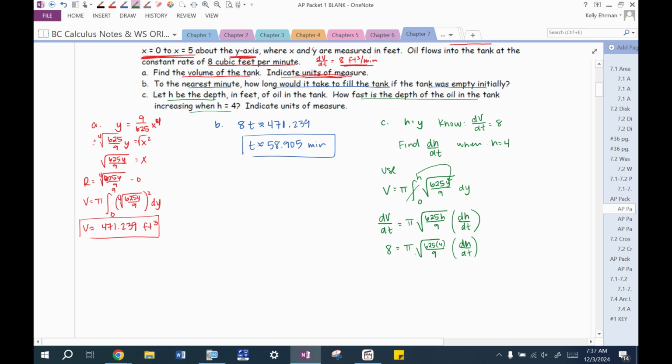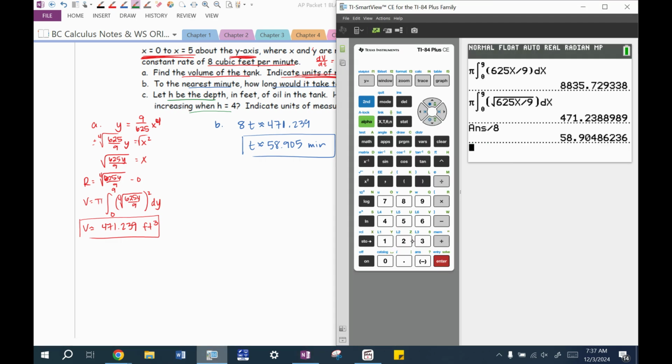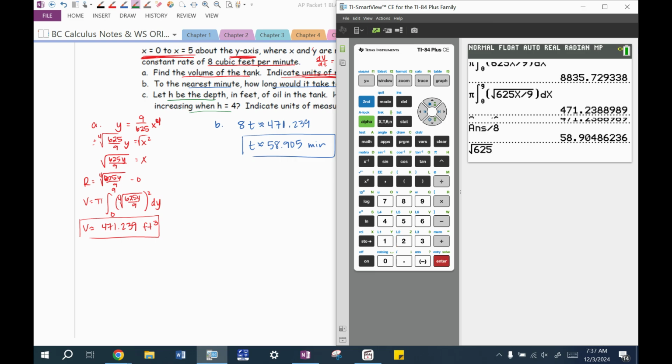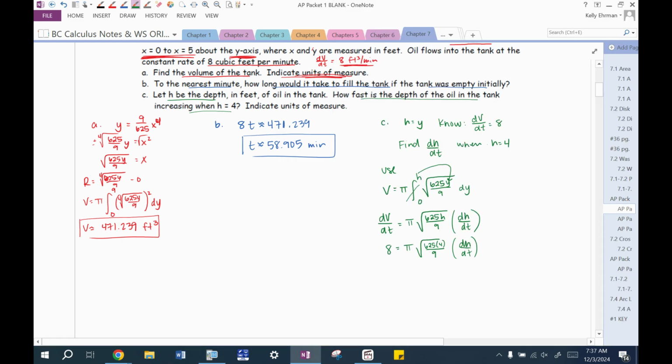So now things can be simplified, right? What's the square root of 625? Is that 25? I should probably know that. Yeah, that's 25. So really this is like 25 times 2. So this is 50 over 3, if I square root that, times pi, equals 8 times dH/dt.